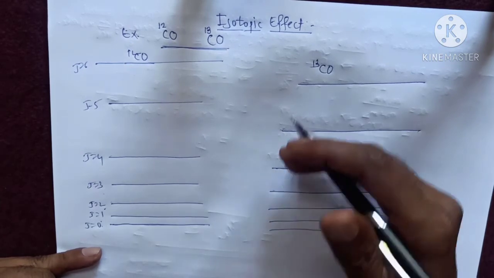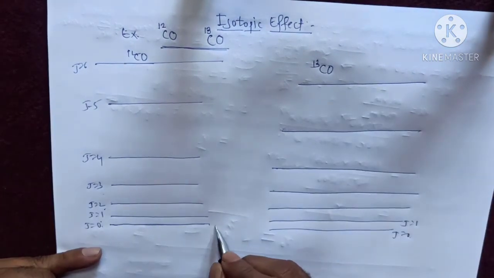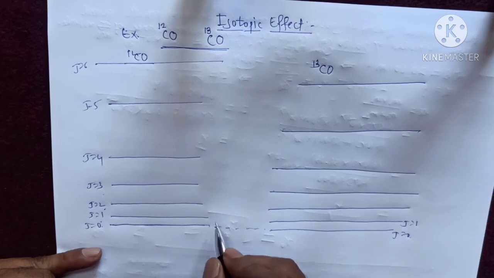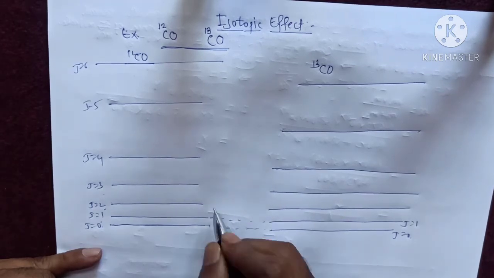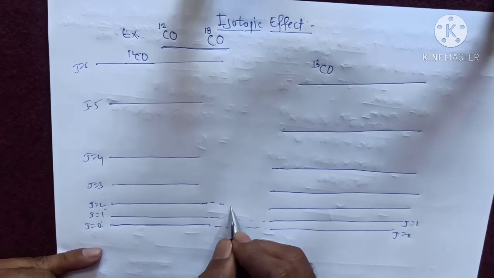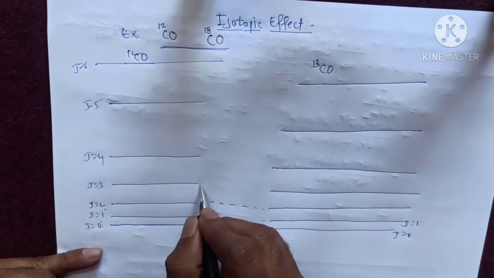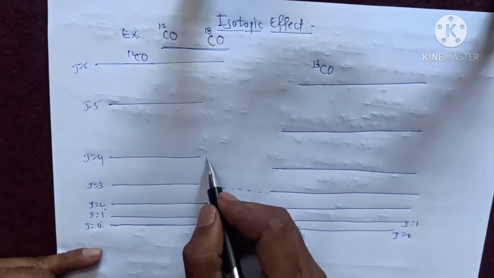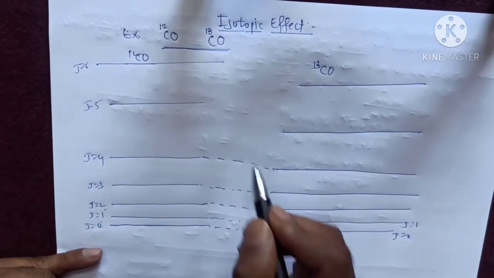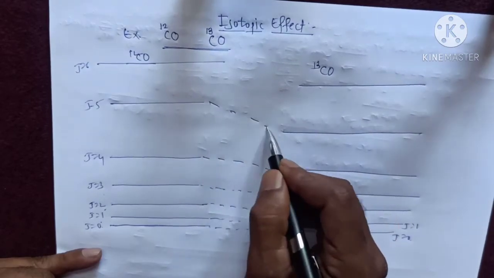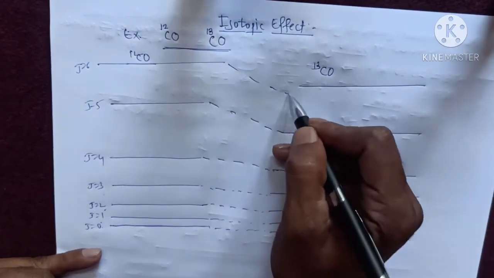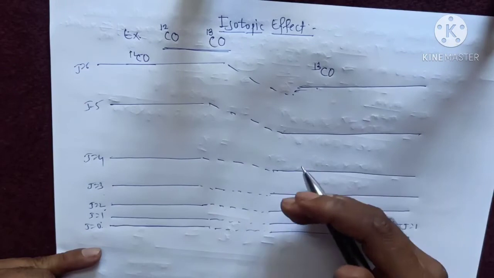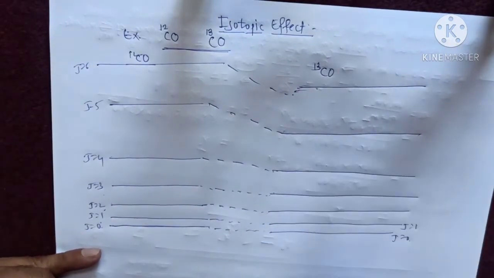So as we go up, we see the energy levels are similar. But comparatively, this is lower than this. Now see, the energy values are constantly lower. In all the cases, energy values are constantly lower, and this difference is getting decreased and decreased.